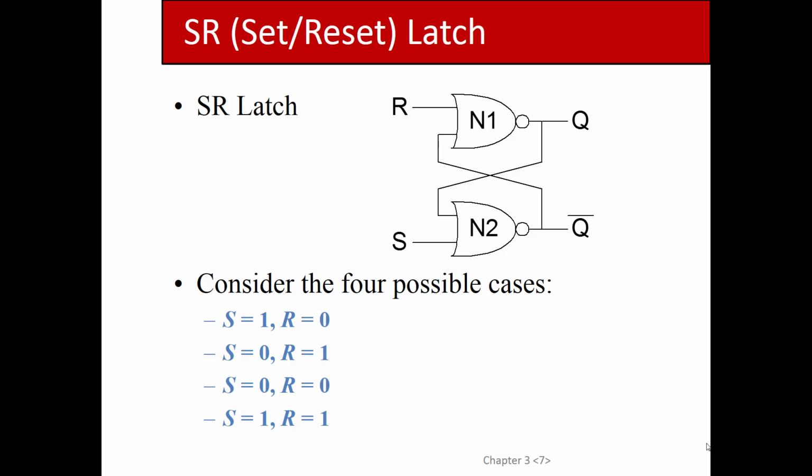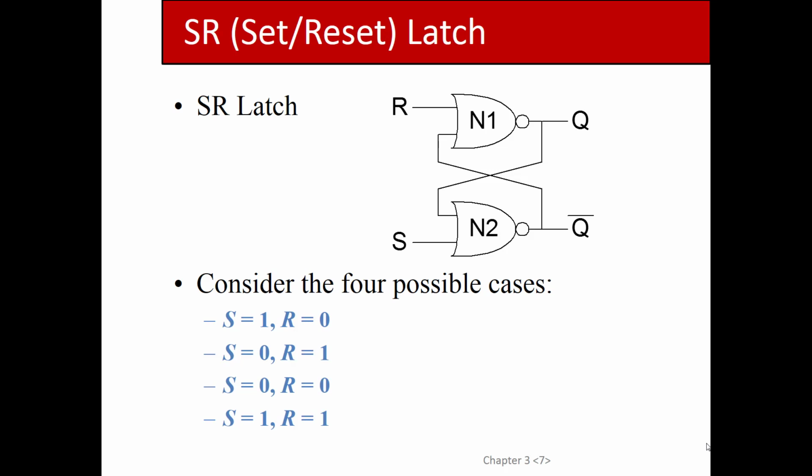So I have a 0 coming into the bottom NOR gate. And what does that mean? Well, that means that the output is dependent on what the other input is. So if I put a 0 in there, I'll have 0, 0, in which case I'll get a 1 coming out.